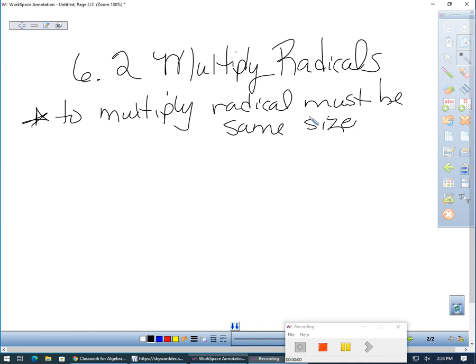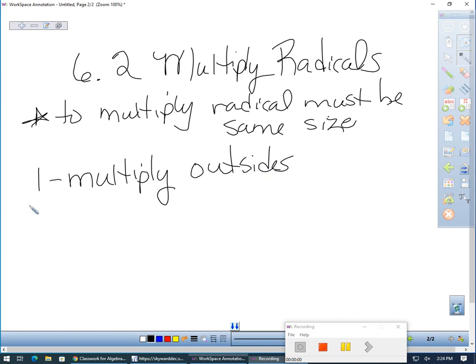Okay? All right. So that being said, these are the 3 steps we're going to follow today when we multiply. Step 1, you're going to multiply the outsides. Step 2, you're going to multiply the insides.